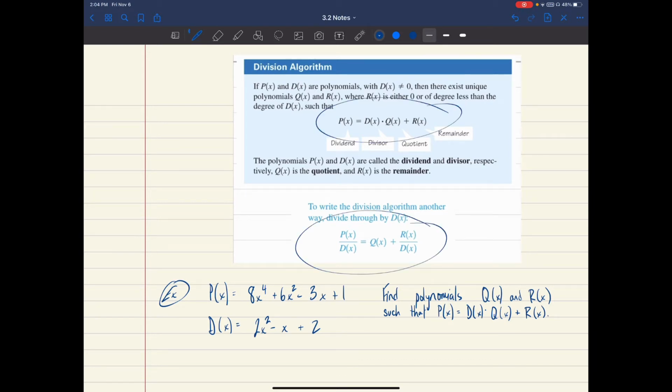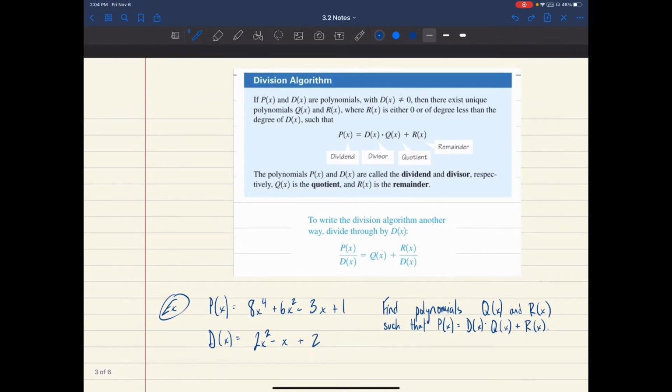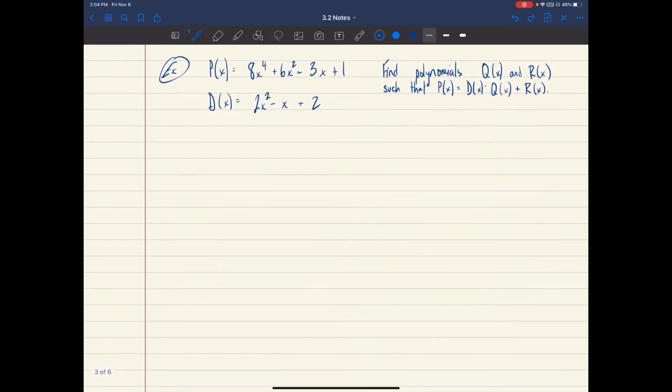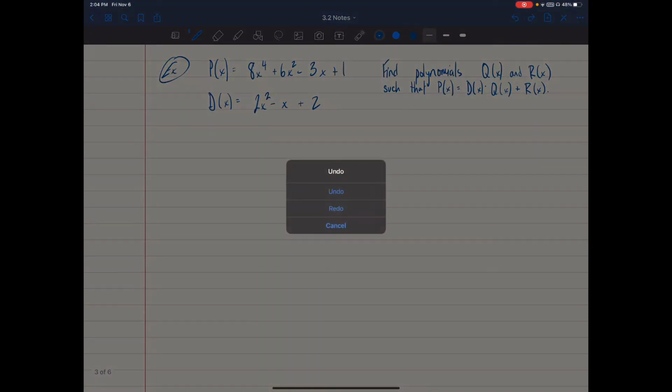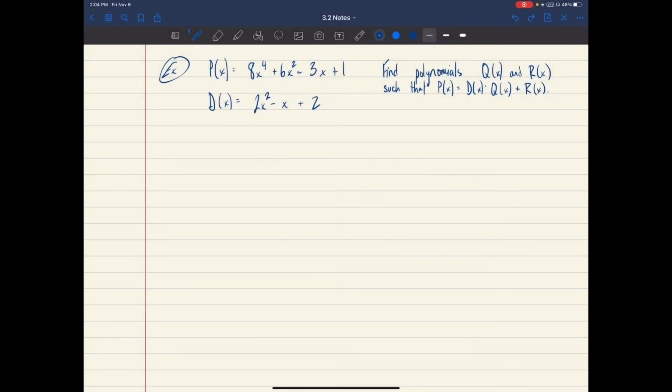You have two ways to write these, and you just write them out the way that the text tells you to. We have p of x and d of x, and all we're going to do is divide those. It says find polynomials q of x and r of x such that p of x equals d of x times q of x plus r of x. All that means is to plug in the things that you get into that form.